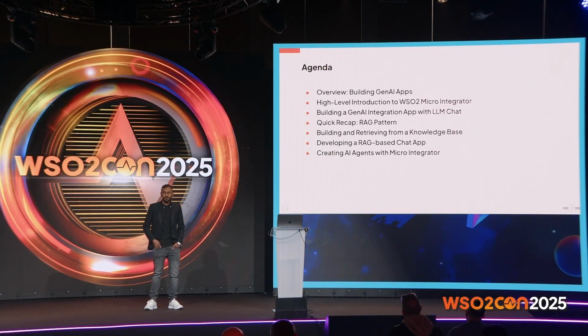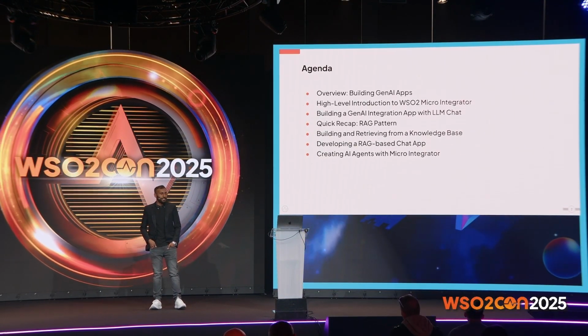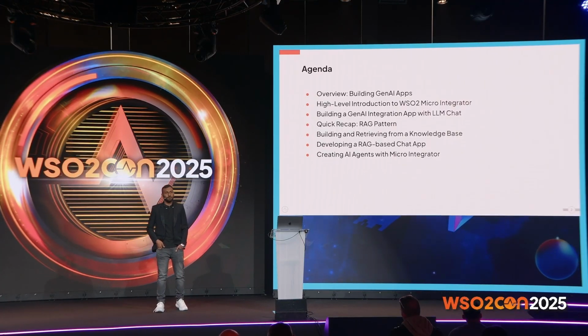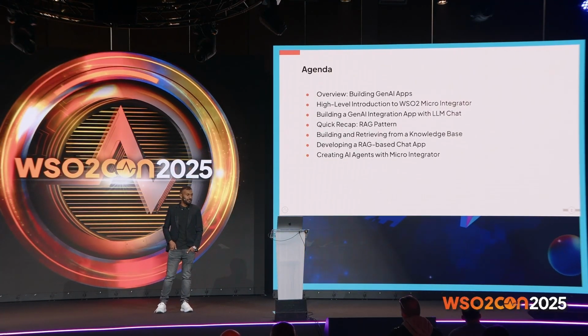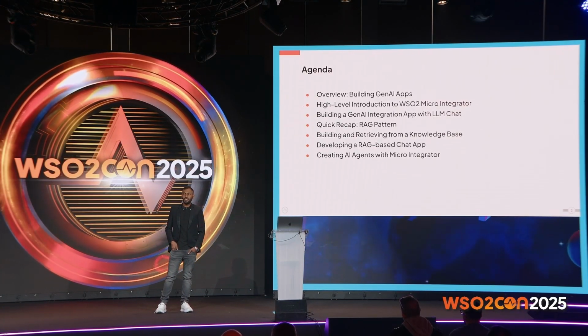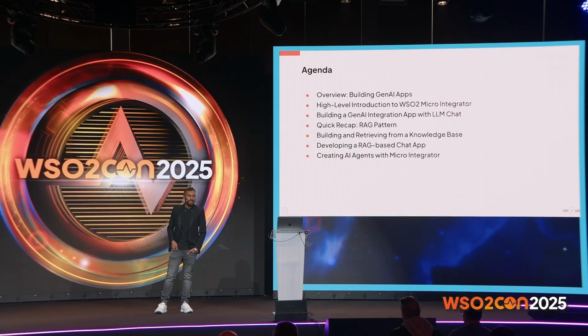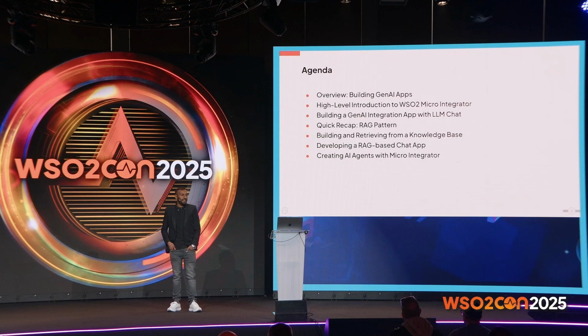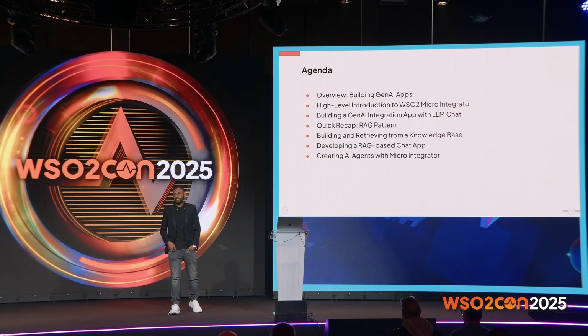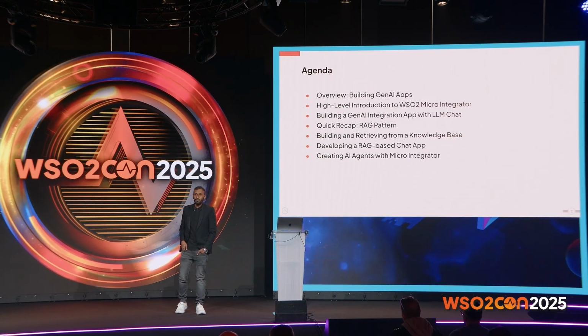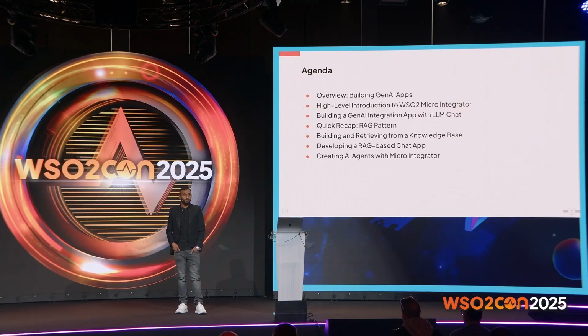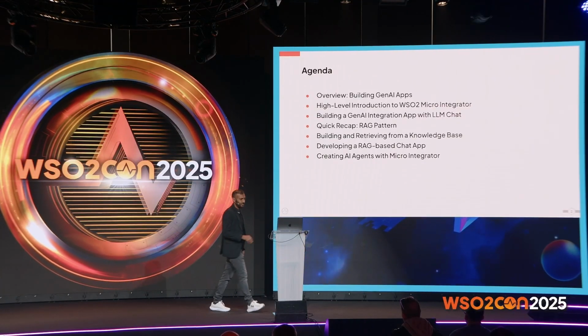Then we'll go through building Gen AI applications using Micro Integrator. Then I'll again quickly walk you through what the RAG pattern is and how we can implement it using Micro Integrator. Finally, I'll conclude with agents, and I'll explain how we tackle the problem of agents using Micro Integrator.